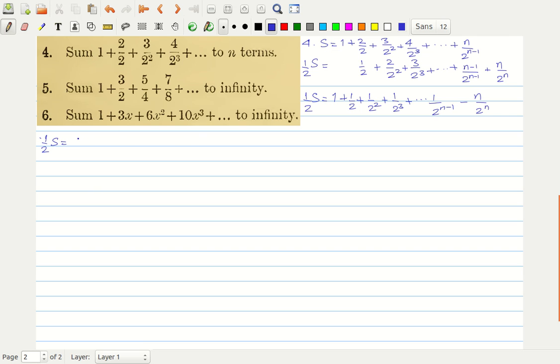It is a times 1 minus r to the power n divided by 1 minus r, but a is 1 here, so it is 1 minus half to the power n divided by 1 minus half, which is half, minus n divided by 2 to the power n.